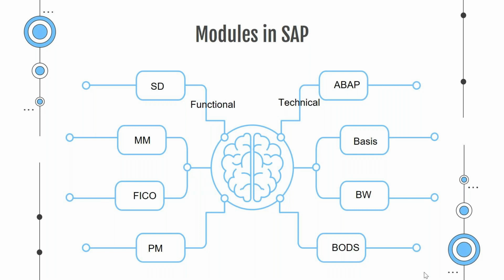Then under technical, we have seen ABAP, which stands for Advanced Business Application Programming. Here we'll be creating reports, forms, and integrating things. Then Basis will have admin activities, wherein any activity related to system management or login access will be taken care of by your Basis team.